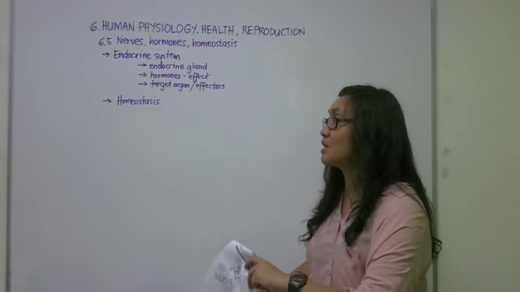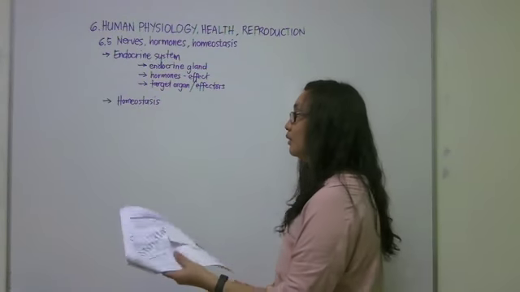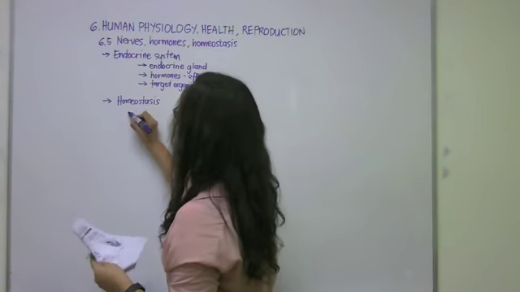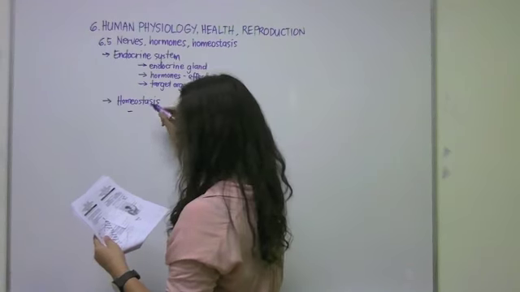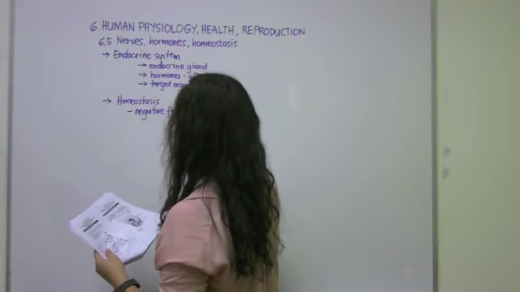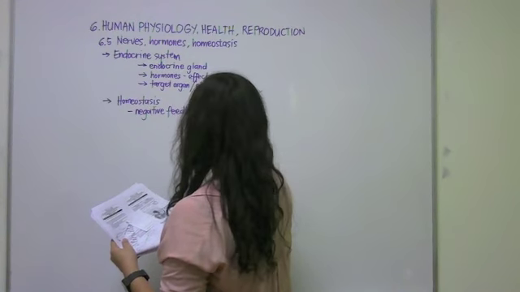Under this area, we just need to discuss thermoregulation and blood glucose regulation. So under homeostasis, we have to discuss negative feedback, and how the negative feedback mechanism occurs.